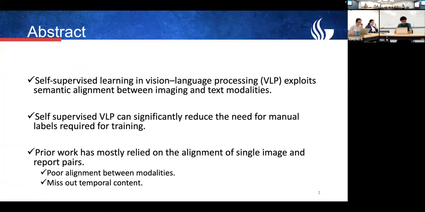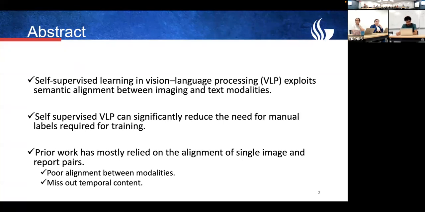Self-supervised learning in vision-language processing basically exploits semantic alignment between imaging and text modalities. What we have here is image-text pairs, and we use the information from image and text to extract features that could be helpful in any downstream classification task.